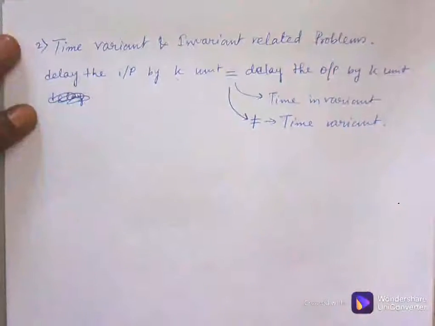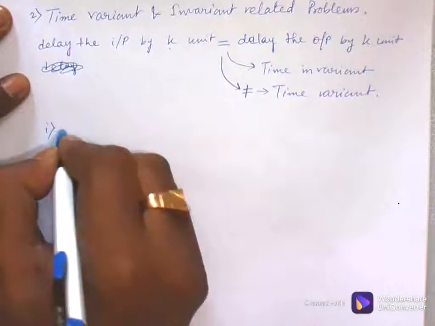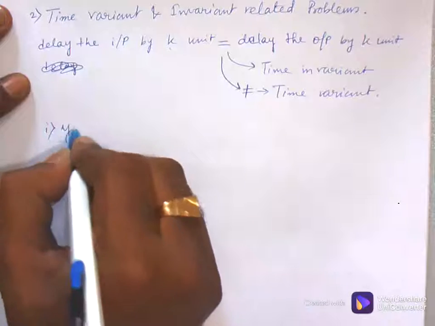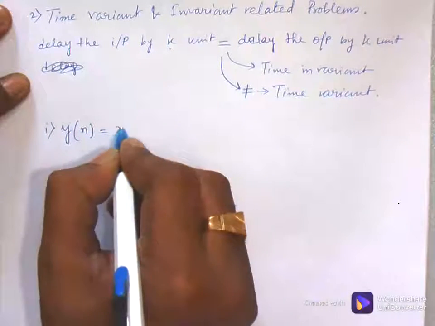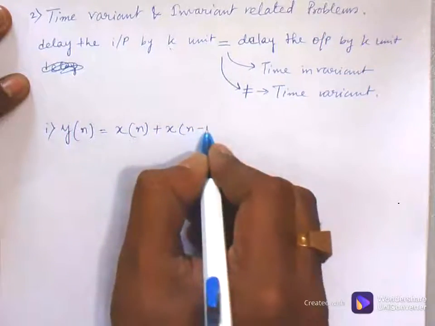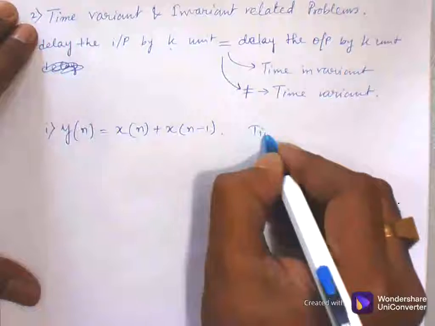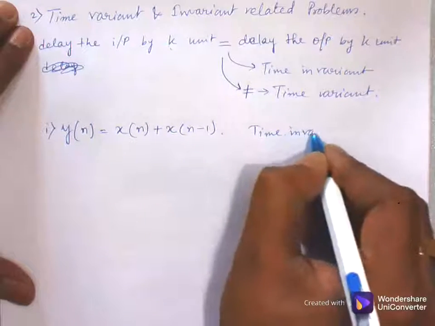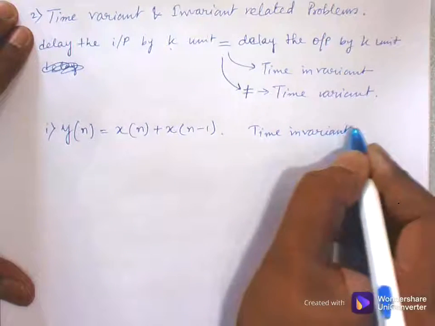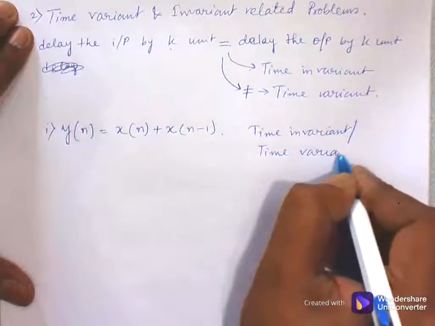So let us do it with an example. Let's take an example. y of n equal to x of n plus x of n minus 1. We have to check whether it is time invariant or time variant.